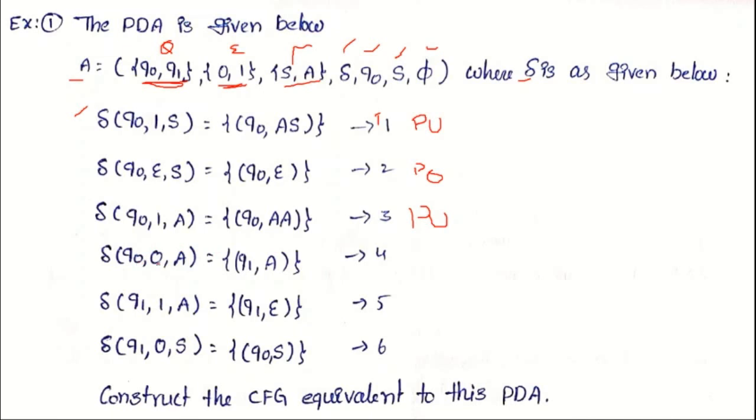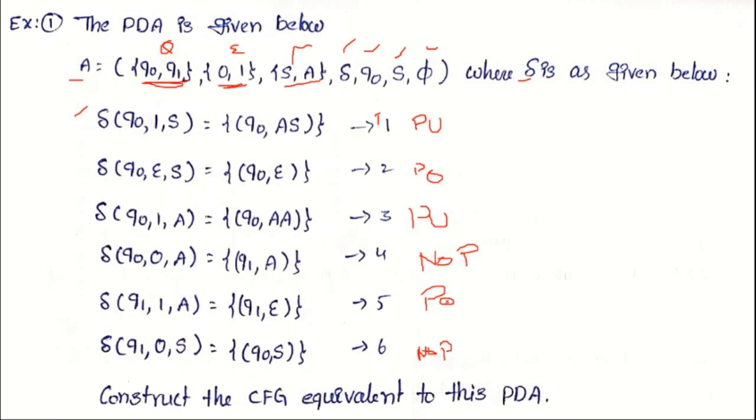Next, Q0, 0, A, no operation. Then Q1, 1, A gives Q1, epsilon, so this is a pop operation. Next, Q1, 0, S gives Q0, S, that means no operation. So these are the different transitions given by the PDA.